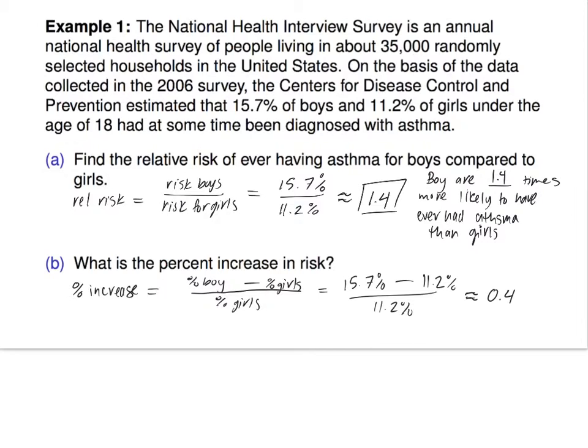Now, this is not a percent, as in it's a percent in decimal form, so what would I have to have added in there? Yeah, I could have taken this whole expression multiplied by 100% or moved the decimal over 2 places, right? So it's a 40% increase.